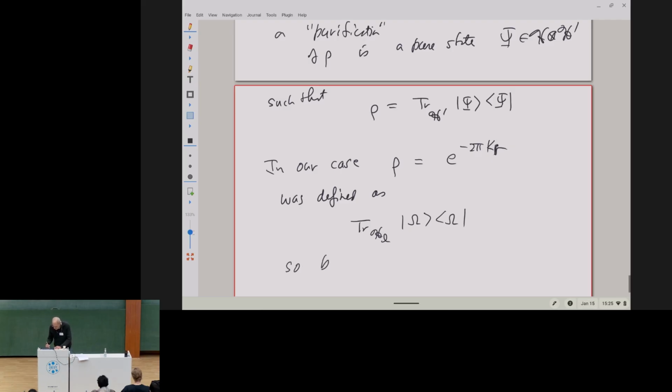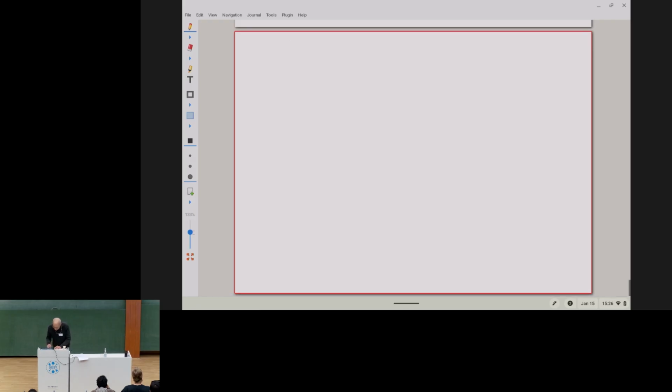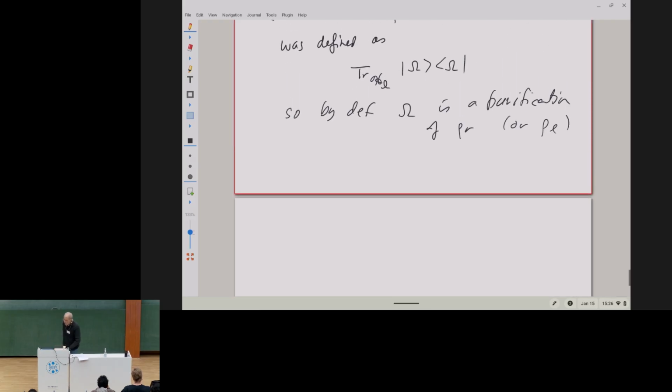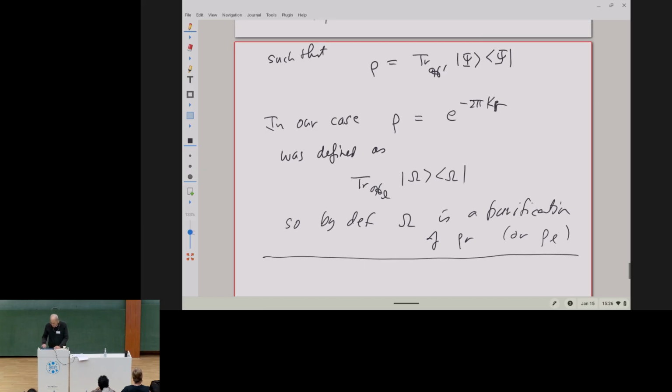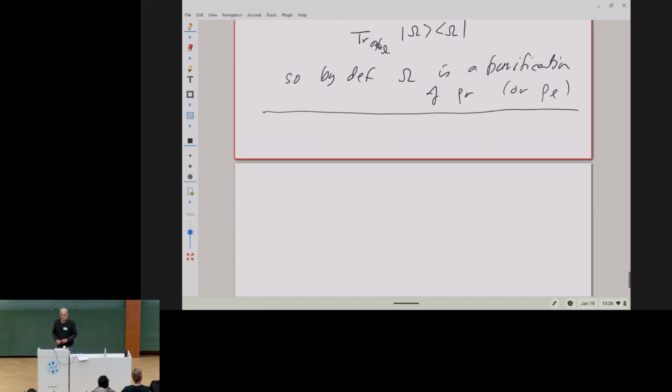So by definition, the vacuum state is a purification of rho r or of rho l. However, it's a very special purification. A given rho would have a lot of possible purifications, but here the vacuum state is a very special purification.